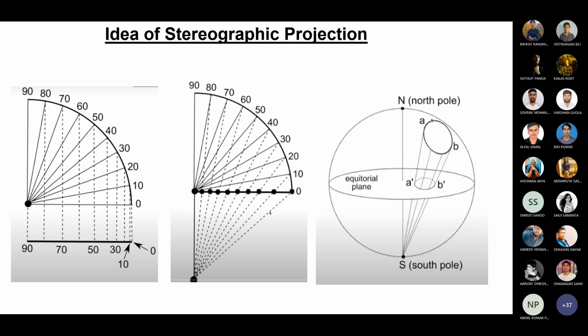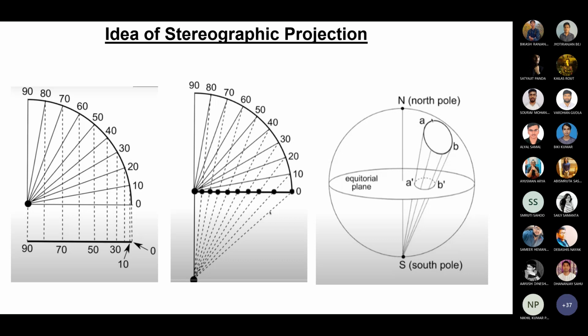And then what will happen? The circle will become an ellipse. So you will lose the actual angular truth. That should not be the correct way to represent a particular crystalline system stereographically.